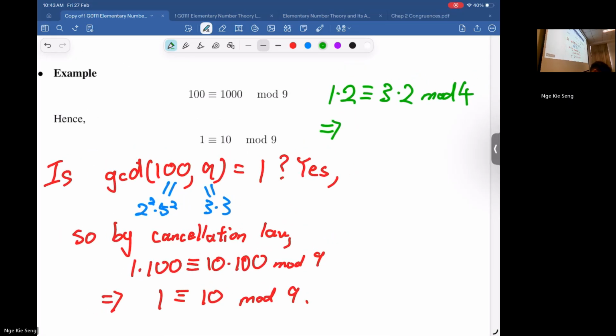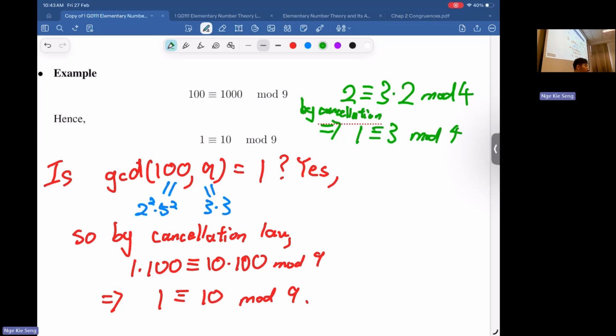Let's pick some easy one. Say 2 is congruent to 6 mod 4. Can I just do the cancellation law? By cancellation law, 1 is congruent to 3 mod 4. So what's wrong with it?